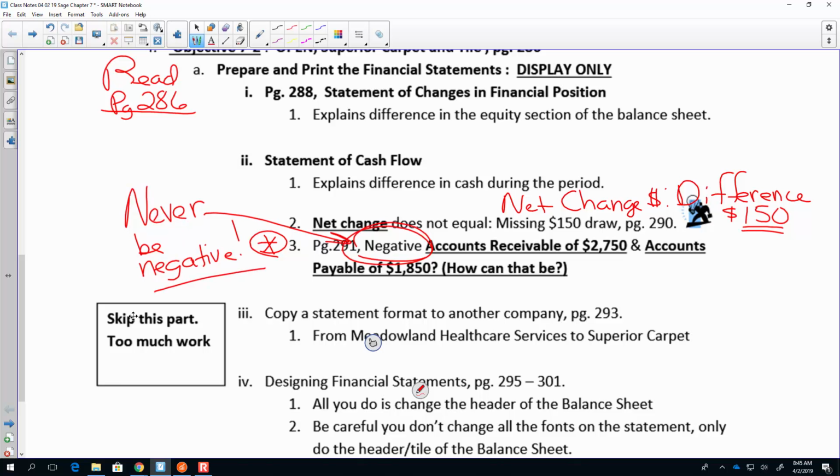Never ever would that be a negative number. The only way that is possible is if we paid a vendor before we got the invoice, or a customer paid us before we did the service, or sold them something, or invoiced them.